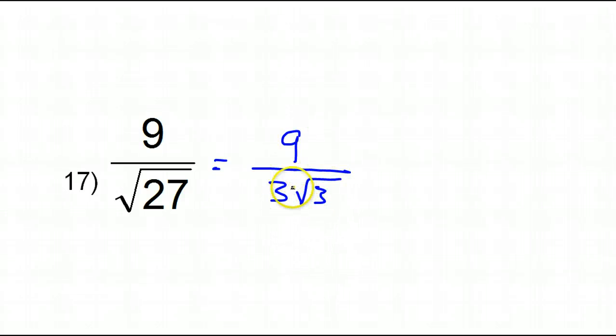Now if you wanted to, you could simplify this right now. I'm debating whether to do that right now or not. I suppose I will. You could simplify this right now. 3 goes into 9 3 times. So just to be clear, technically we are doing this. We are dividing by 3.